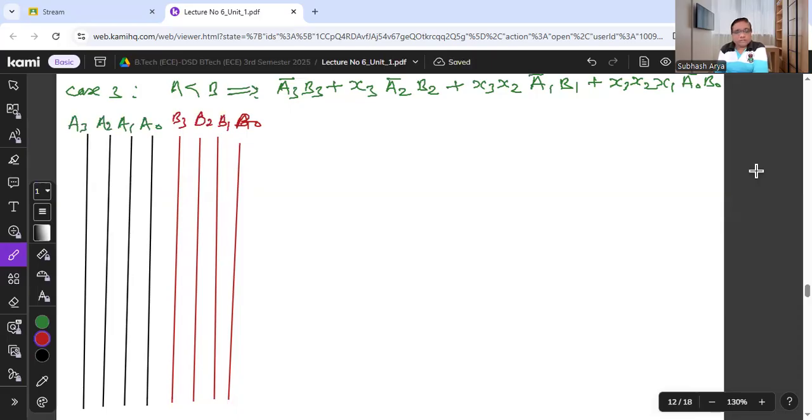Let us implement with the help of a different color. I will implement the equality condition first. Let us see X3 first, because we start comparing with the most significant bit.